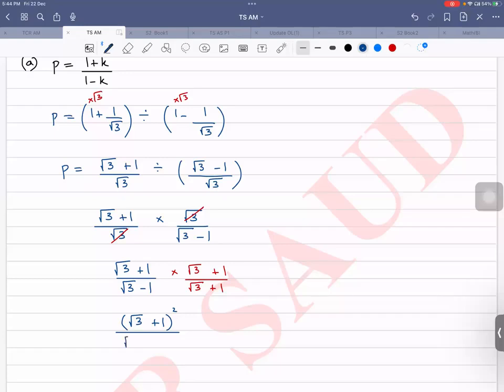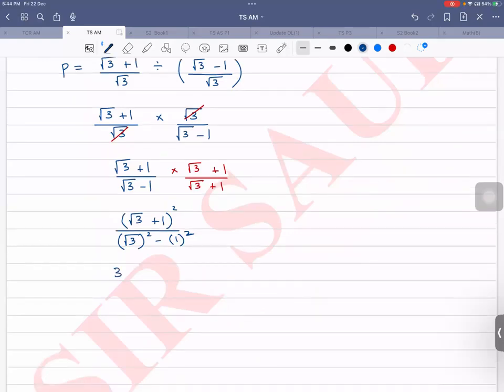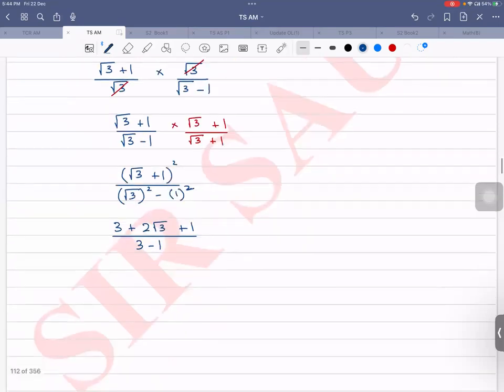And in the denominator, obviously, it is always a square minus b square. चलो भाई आइडेंटिटी लगा के एक्सपैंड करो. a square plus 2ab plus b square upon 3 minus 1, which becomes 4 plus 2 square root 3 upon 2.